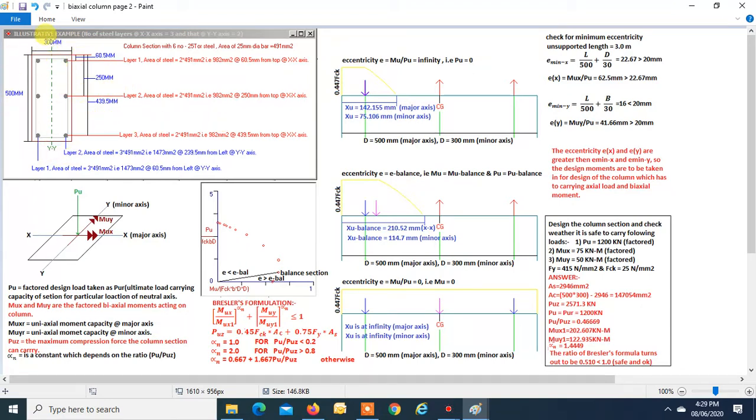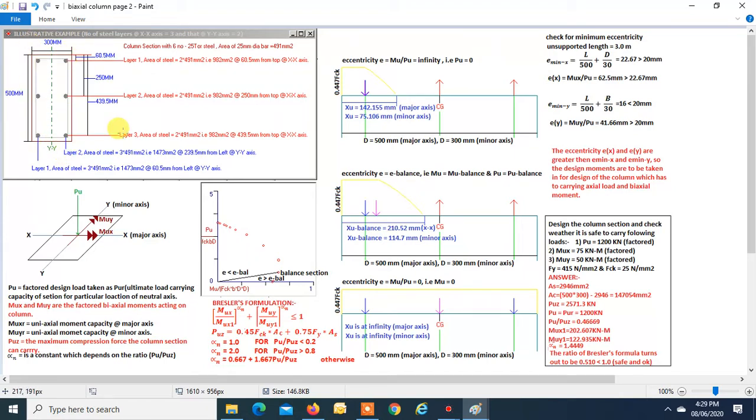When we take the minor axis, we can see that the steel is equally distributed on two sides. So when we consider the minor axis, we will take the column as steel equally distributed on two faces, on two sides.